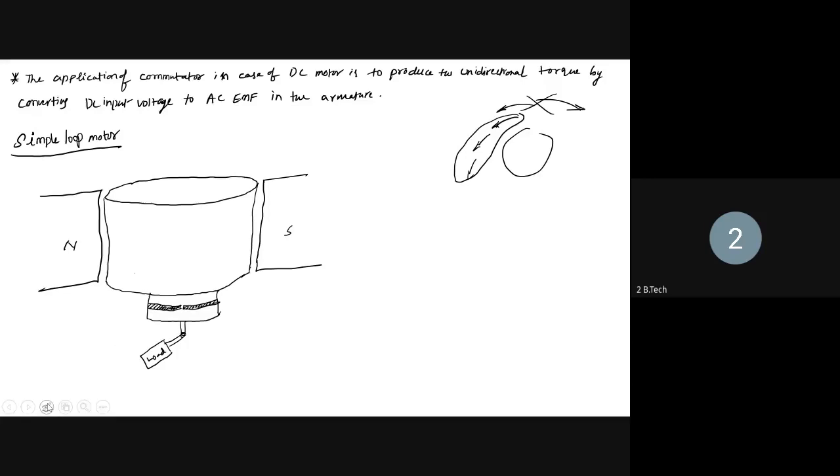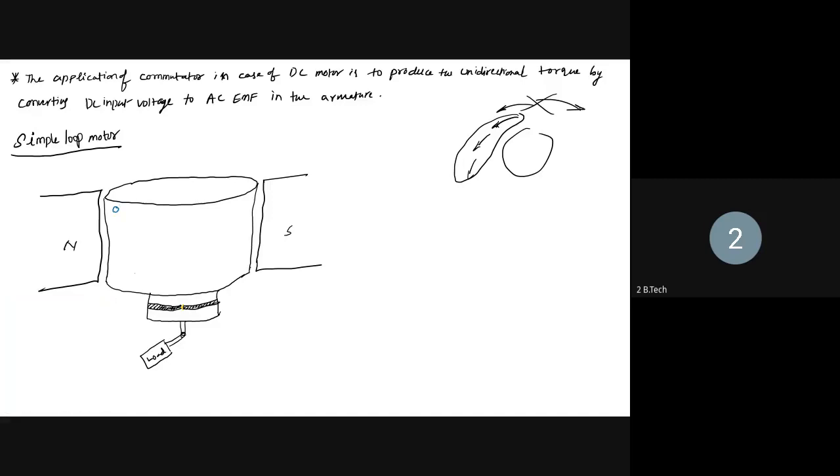In between the commutator segments, we have the insulation. Small mica insulation will be provided here, and we place the conductors here.